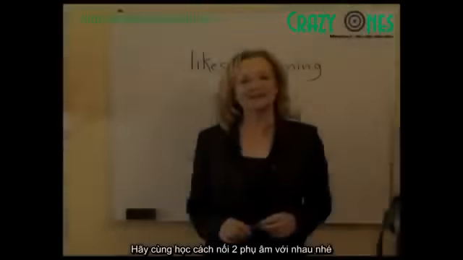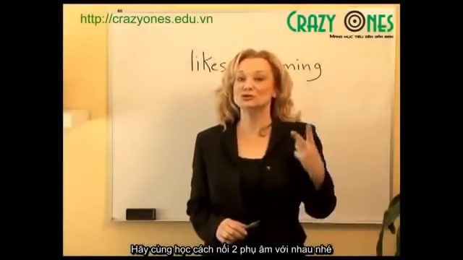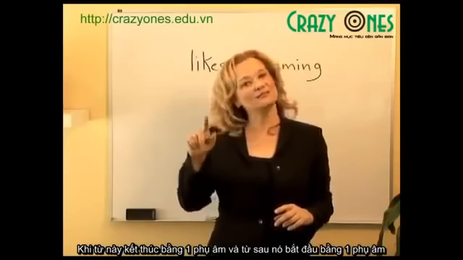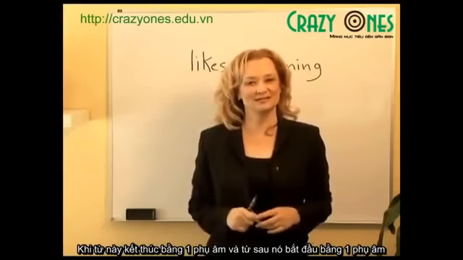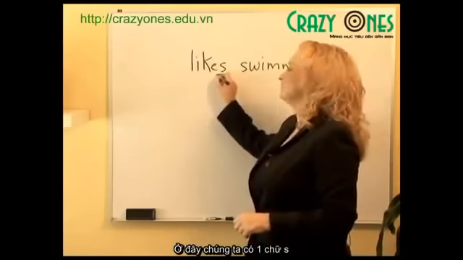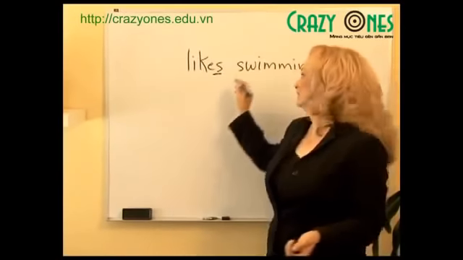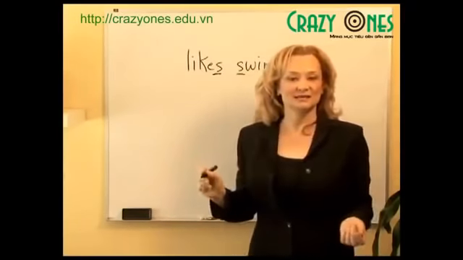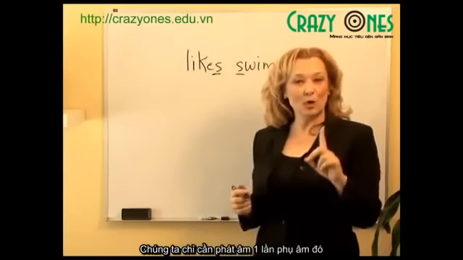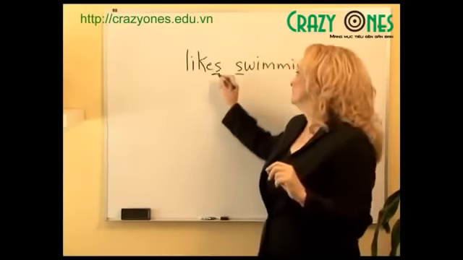Let's learn the rules of linking two consonants together, when one word ends in a consonant and the following word begins with a consonant. Let's look at the first rule. Here we have an S, likes, and here we have another S. When we have two same consonants, we only pronounce one.